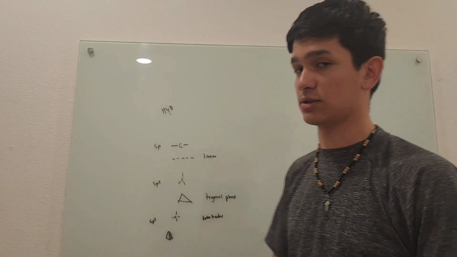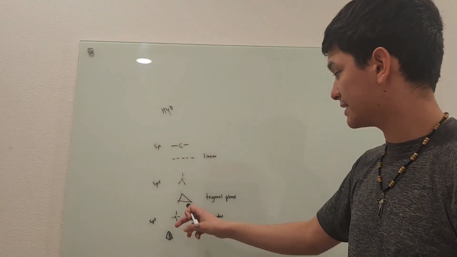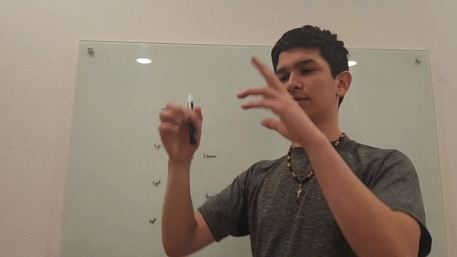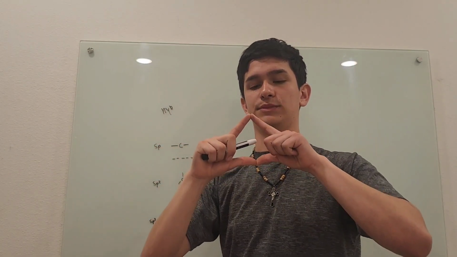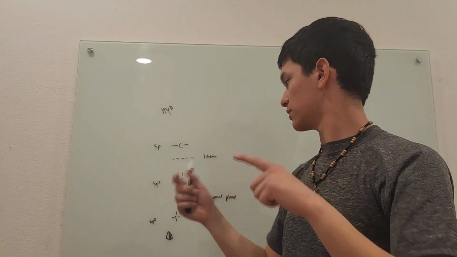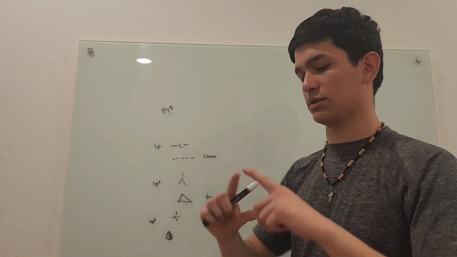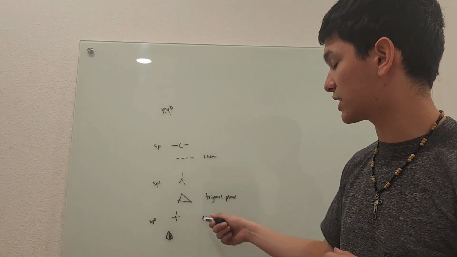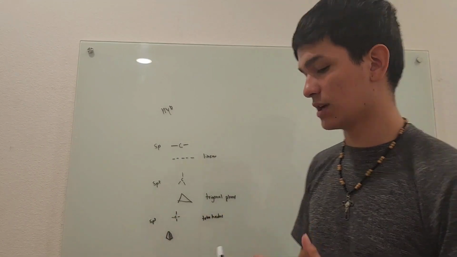sp2 hybridized, so we have three bonds, right? And it's trigonal planar. What does this mean? It's not 3D, it's just like a triangle, trigonal planar, 1, 2, 3 bonds. Then sp3 hybridized is tetrahedral, which has 4 bonds. What does a tetrahedral structure look like?